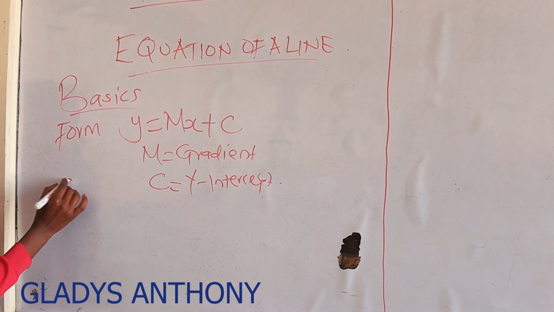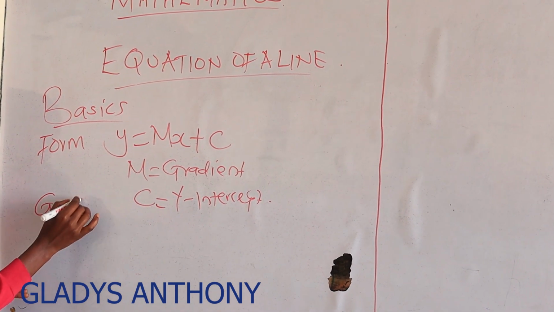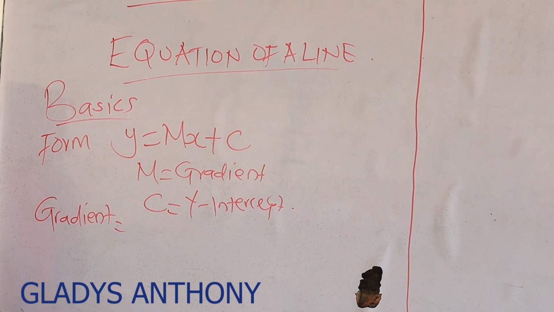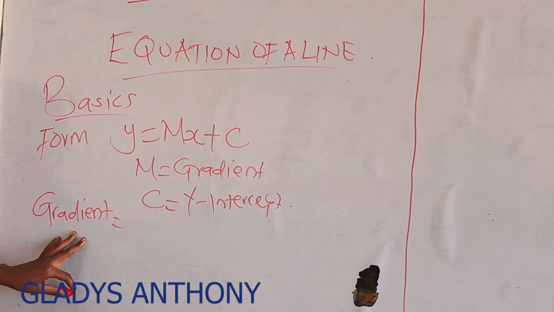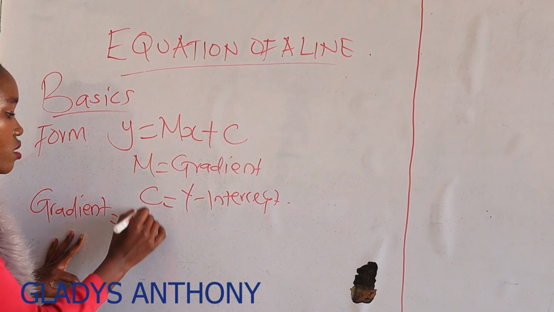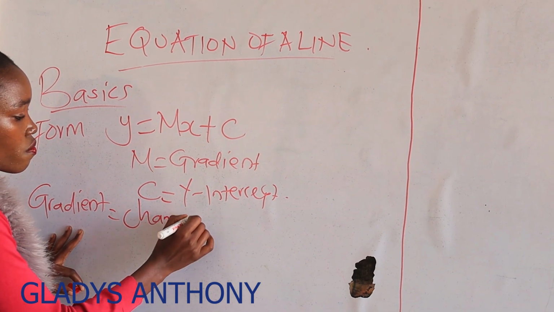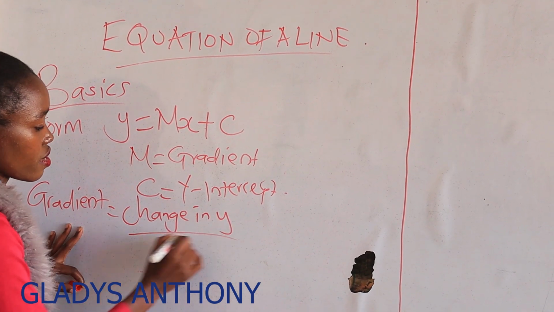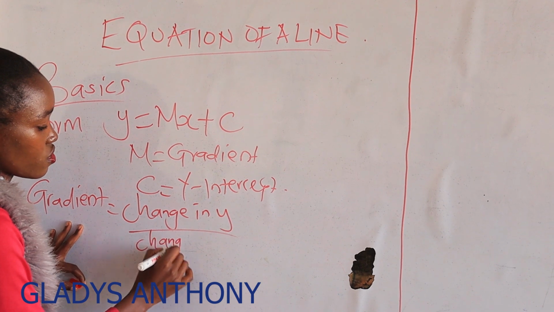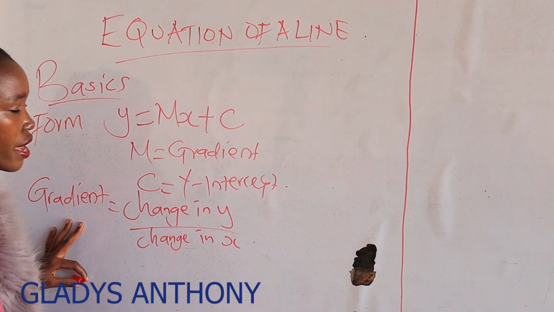Then we look at how we find the gradient. It's change in y divided by change in x.